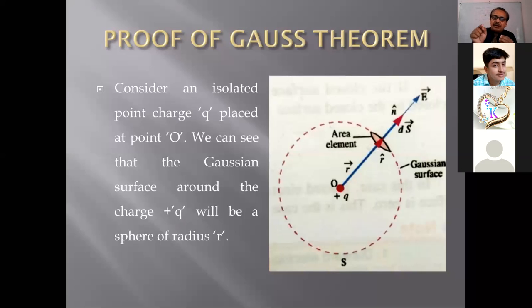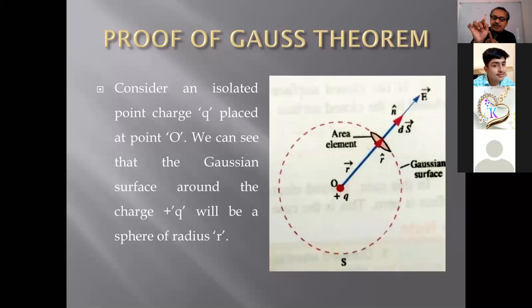We will consider a small Gaussian surface of area element which will be ds. Now clearly electric field will be perpendicular to the surface and moving radially outward. Electric field will be moving radially outward and area vector is also moving outward. That means both of them are parallel to each other.